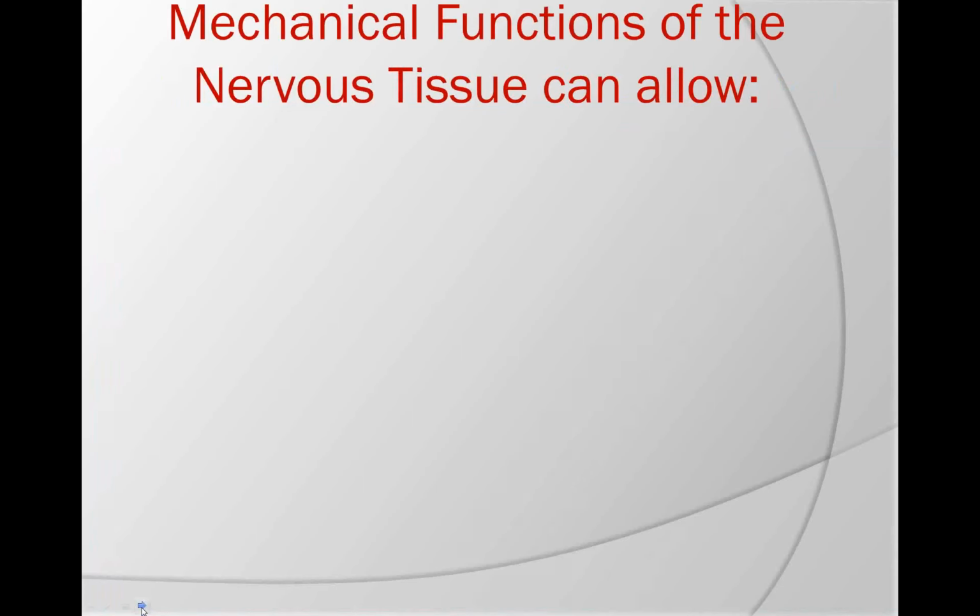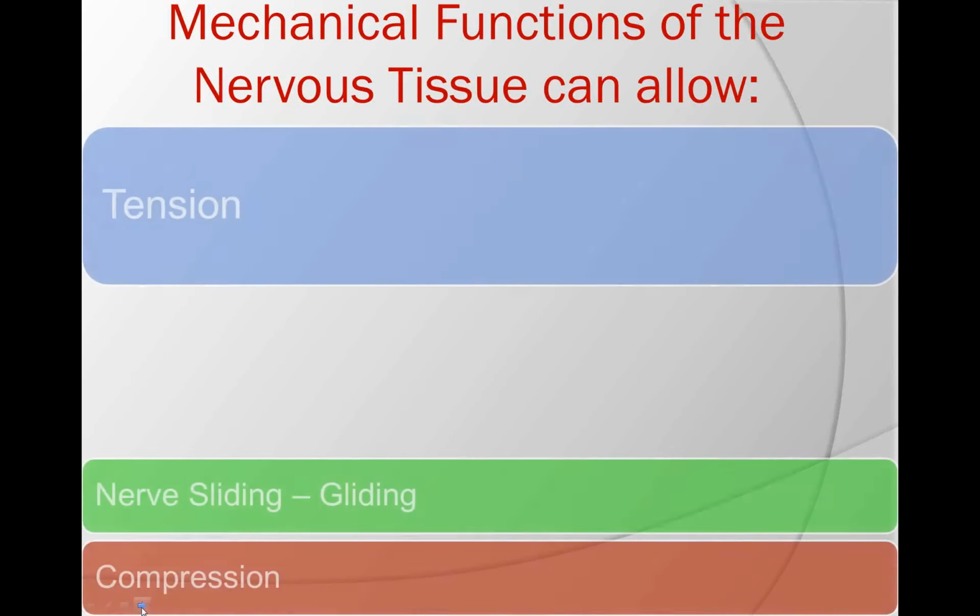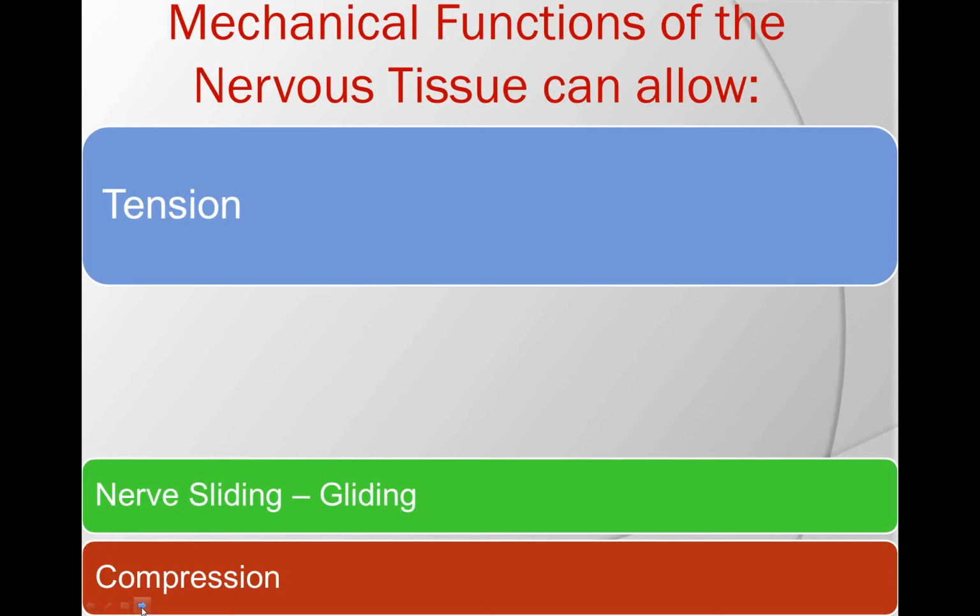The nervous tissue has three important mechanical functions: tension, nerve sliding and gliding, and compression. All these three functions are physiological, as long as they are not happening for a prolonged period of time.